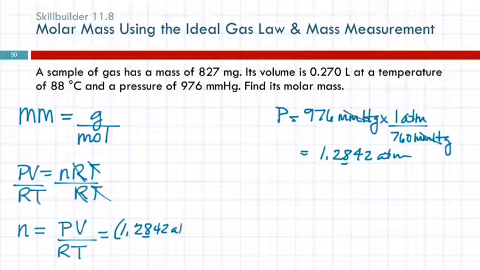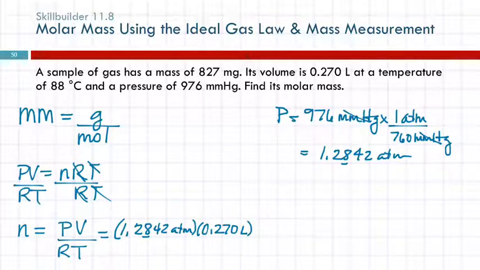1.2842 atmospheres. So I had to convert the pressure. The volume. Here's the volume. It's given in liters. Is that a good unit? Yeah. So I don't have to mess with that. 0.270 liters.